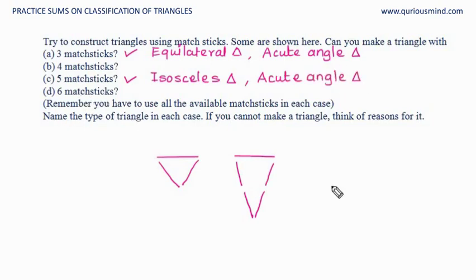What about the angles? To me, they appear to be all acute angles. Now I have 6 matchsticks. I can do 1 here and here. So I can make an equilateral triangle, or I can also make 1, 2 and 3 sides, an acute angle scalene triangle like this.